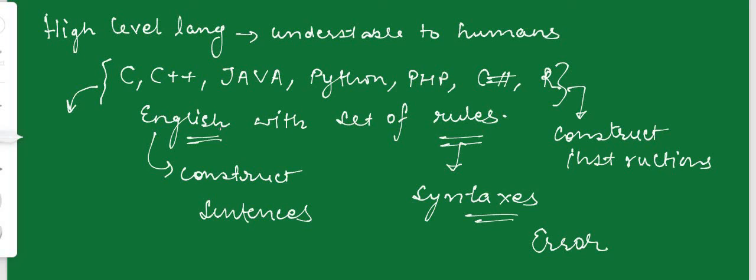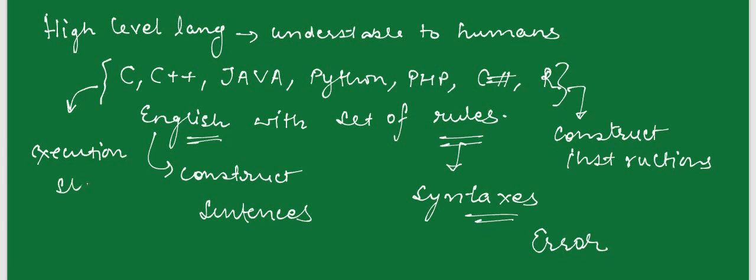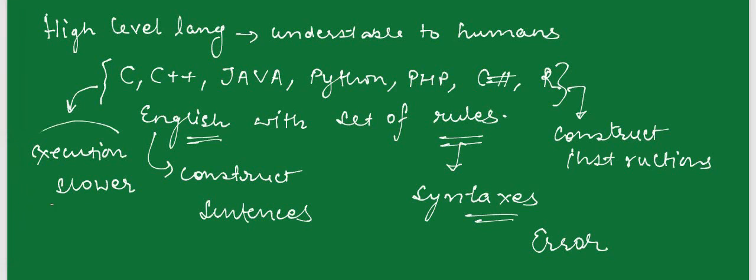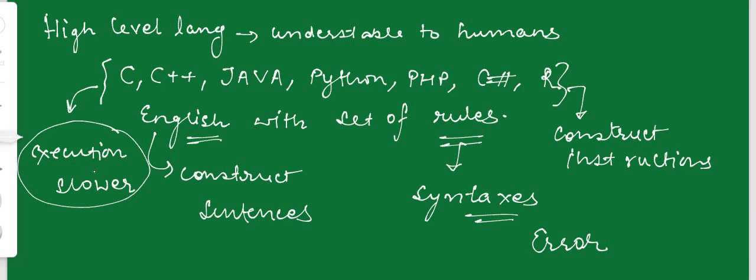First of all, execution becomes slower, and we know why. Because the conversion time from high level language to machine level language is longer than conversion from assembly level language to machine level language. So it takes more time, and hence execution becomes slower.